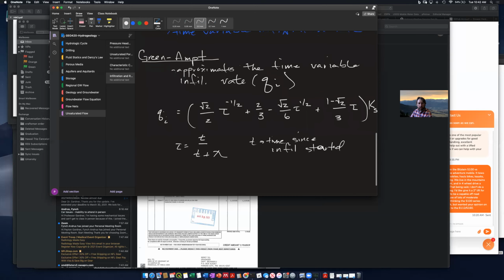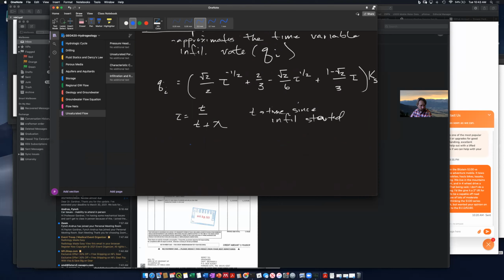I should say that the way the Green-Ampt function assumes infiltration is occurring is that there is some ponded water height here. So if we rain for long enough, we build up a layer of ponded water. And H sub S is the ponded water height. Let me write a few more things out.